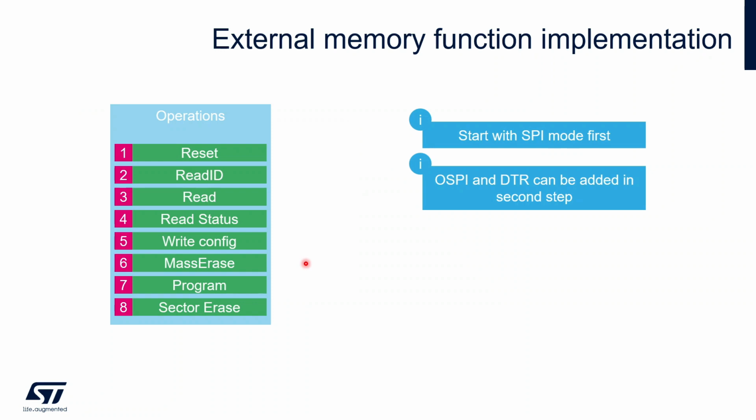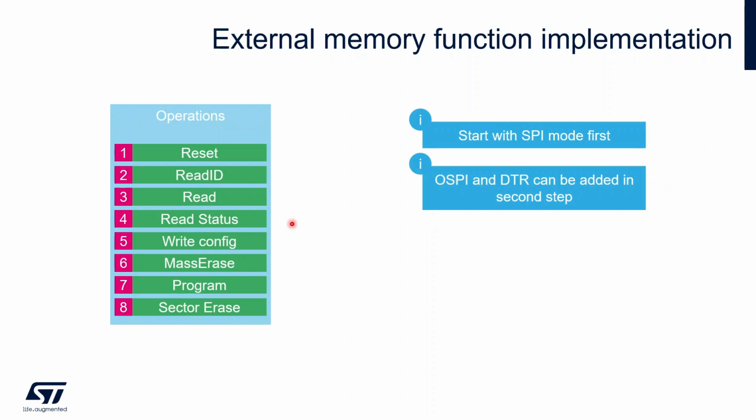What I like to do is first to start with the reset command to be sure that the memory is in the default state. Then go to the read ID command to see if we can read something from the memory, so this will validate our communication. Then we can continue with the standard read command for the data. Then we need to learn to read the status register of the memory.